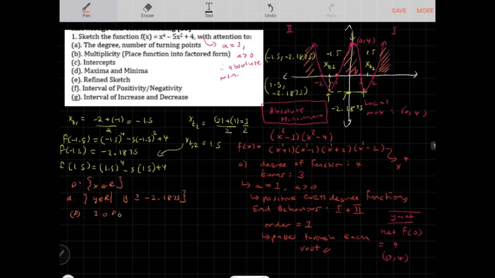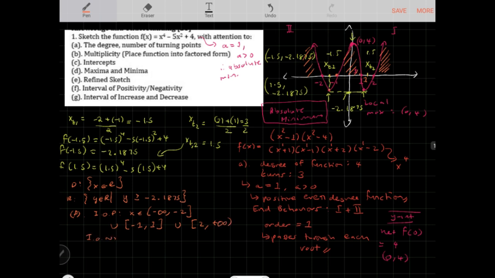We can see that the interval of positivity occurs when, and remember that positive means greater than or equal to 0, so you can be inclusive, x belongs to negative infinity to negative 2 bracket, as well as negative 1 to positive 1 here. It's really useful when you have the sketch out. So union negative 1 to positive 1, union 2 to positive infinity.